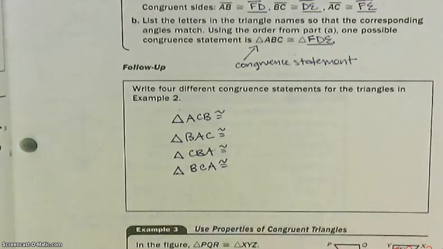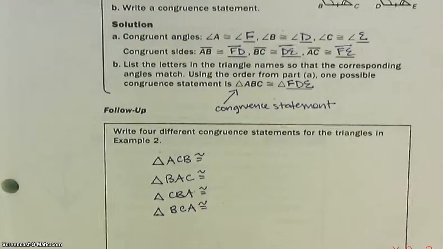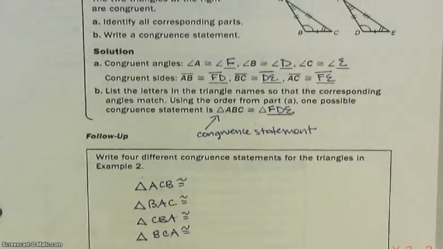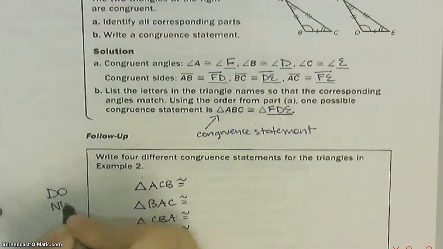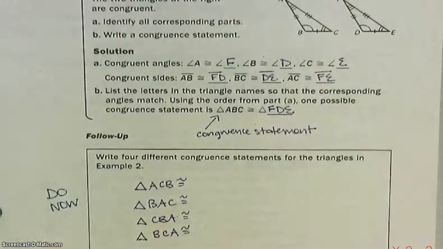All right, I want you to fill that in based on these 2 triangles up here. Look at this order and then write this triangle in the correct order based on this. So I want you to fill in these 4 blanks here. Go ahead and do that now.